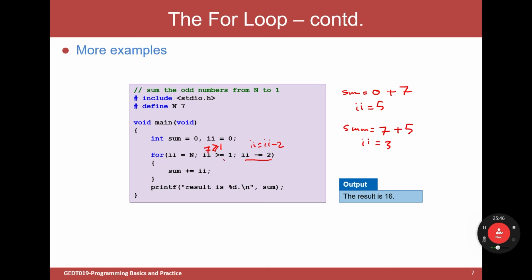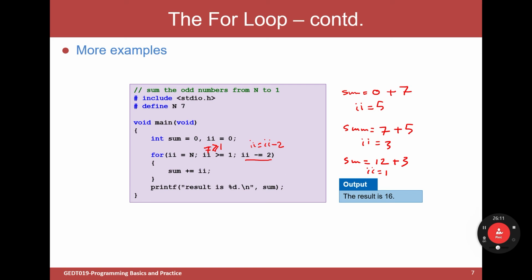And then is 3 more than or equal 1? Yes, so that means execute one more time. Sum is equal 12 plus 3, because 5 and 7 gives 12, plus 3. Then I minus 2 is equal 1. Okay, so I is now equal 1.